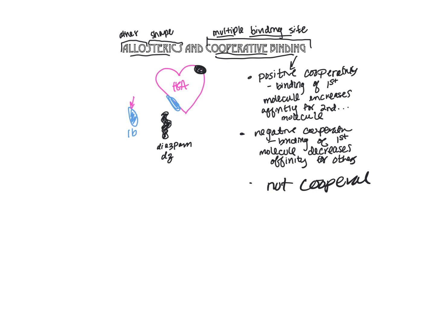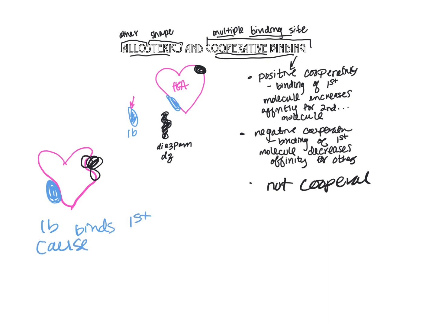So that means in the instance that ibuprofen binds first with its particular KD, it can cause a change in shape that allows diazepam, I'm just going to say DZ, to bind better when it comes in second.